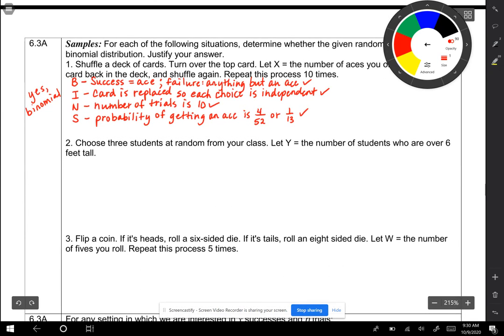All right. Next one. Choose 3 students at random from your class. Let Y equal the number of students who are over 6 feet tall. Okay. So your success is choosing someone over 6 feet tall.